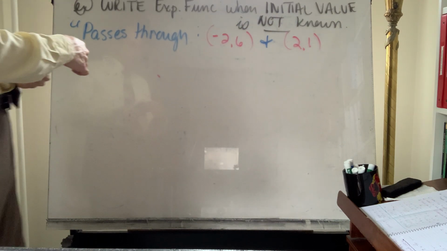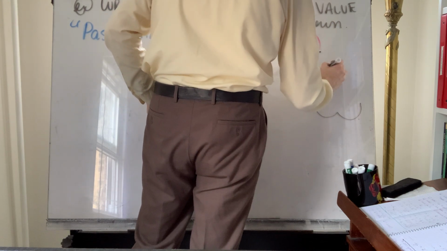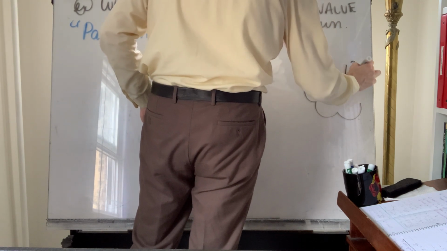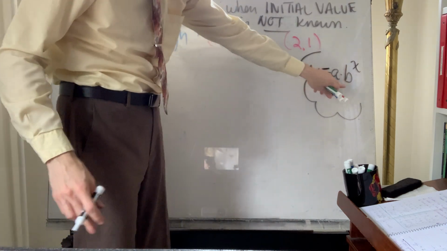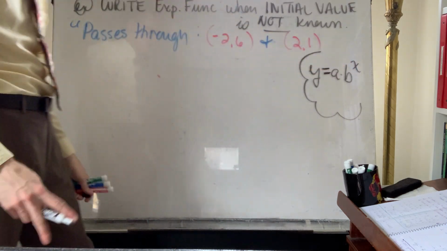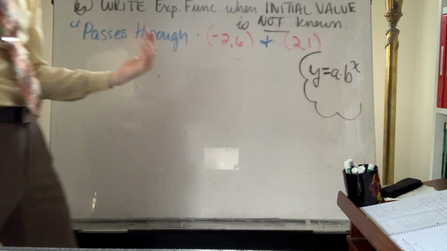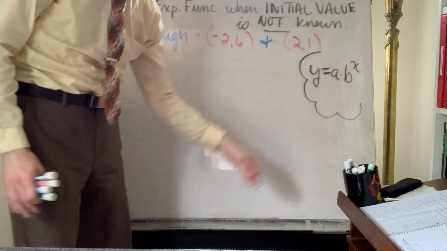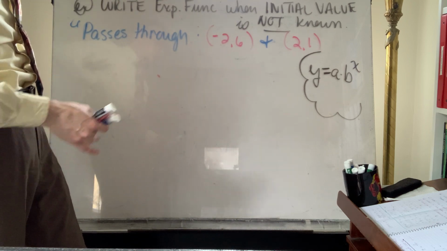We're still going to be using this model, y equals a times b to the x. Something with a starting point, a growth factor, and the input of x. I like y's and x's personally. But because we don't have the initial value, namely the a, we have to find the a, and that's a little bit of a trick because it's going to be a couple of steps.